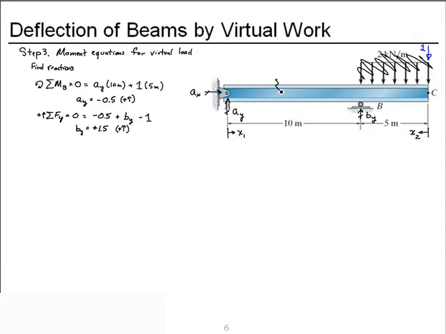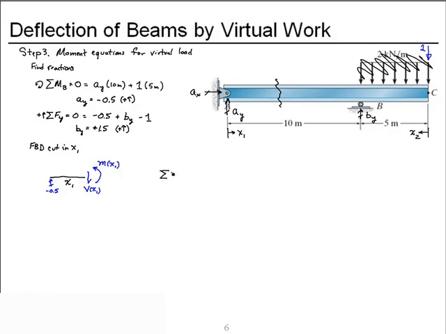Now I'm ready to cut it somewhere between A and B and draw a free body diagram. Cut in the range of x1. I'll keep the left piece, which has a length of x1. The negative vertical reaction at A, an unknown shear at x1, and an unknown moment as a function of x1.